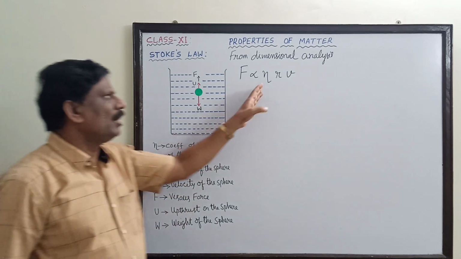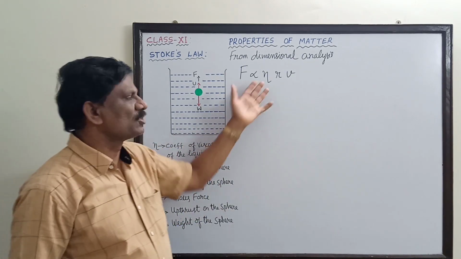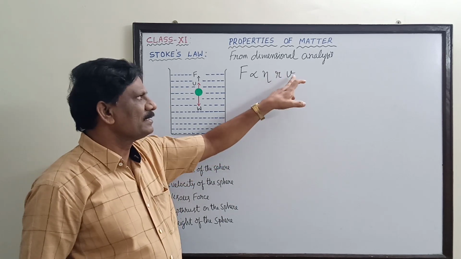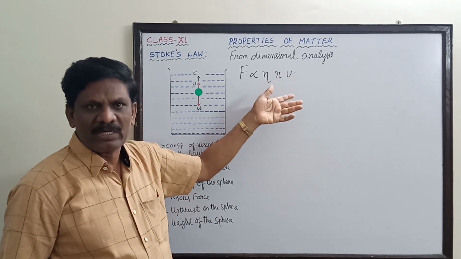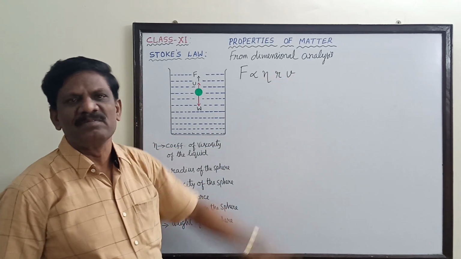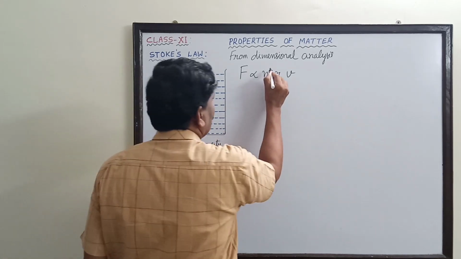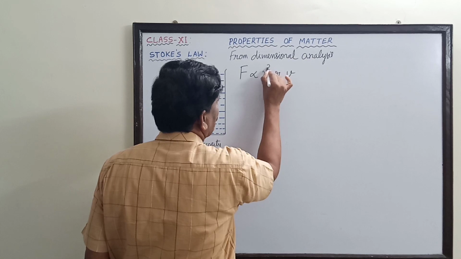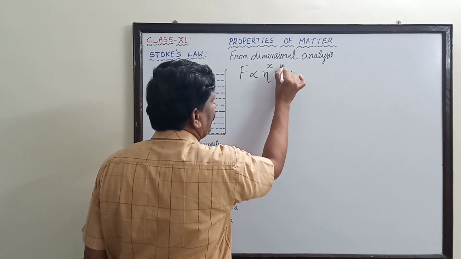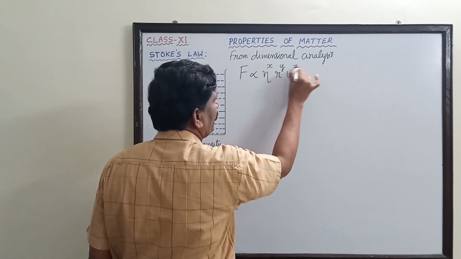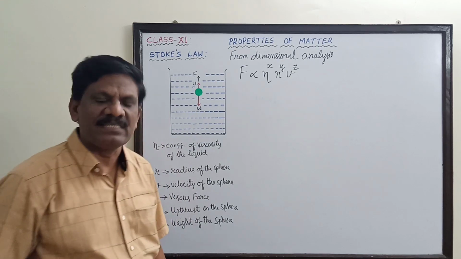Now we do not know how it is proportional, whether it is the square of the radius or the square root of the velocity. We do not know the powers to which the right hand side terms are raised, is it not? So I will take the power of the coefficient of viscosity as x, that of the radius as y, and that of the velocity as z.